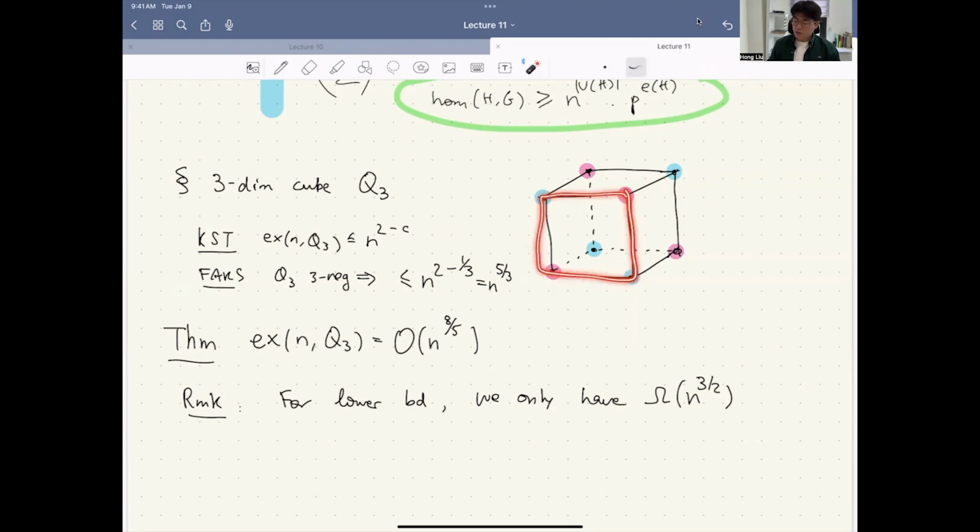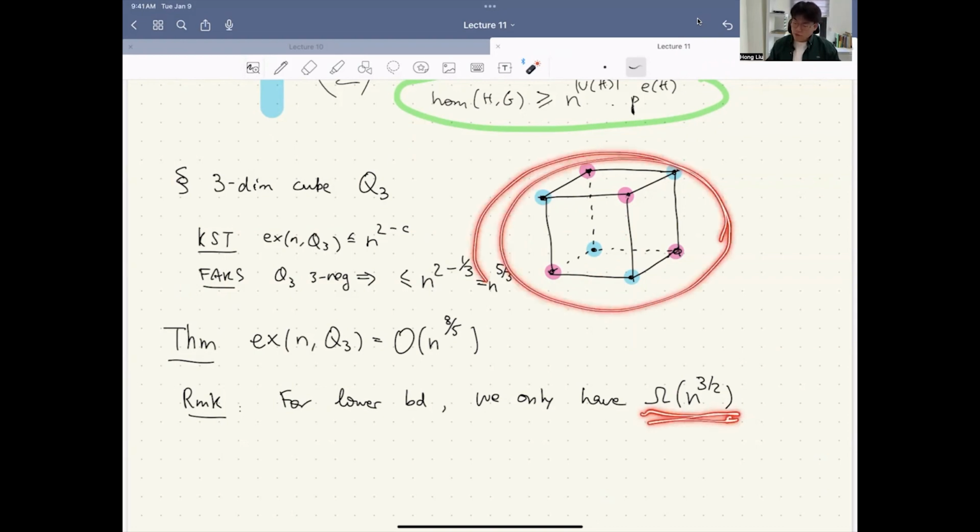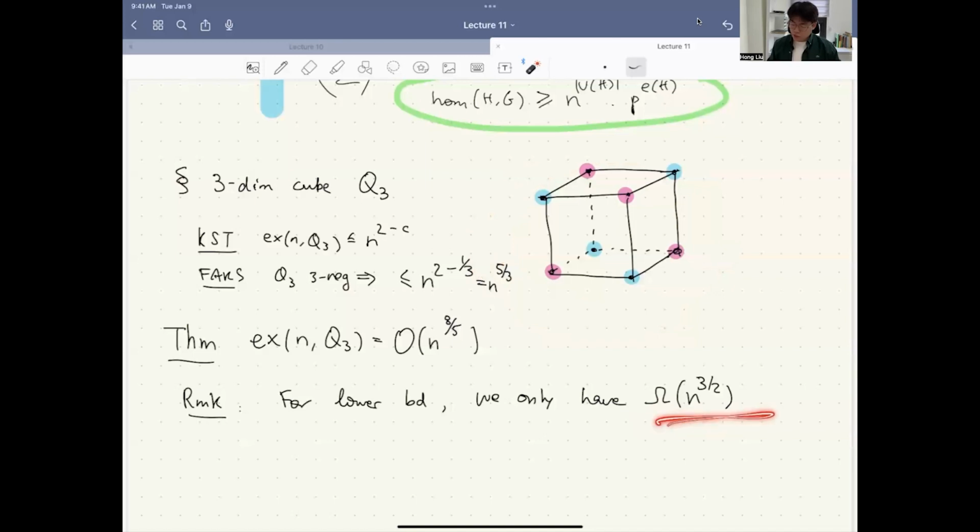Obviously, forbidding C4 is a much stronger condition, and we can already achieve this many edges. But when forbidding a larger graph, the extremal graph should be denser. We cannot do better. So improving either of these two bounds by an n to the epsilon would be a very nice result.